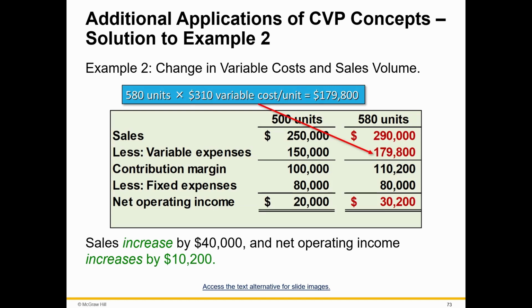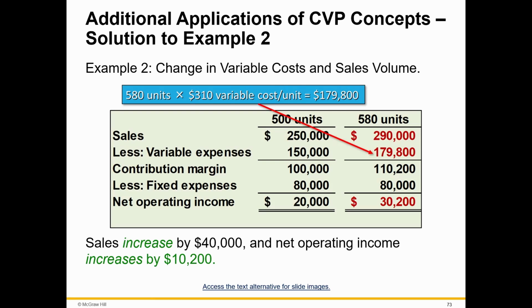Based on the contribution format income statement, we can see that going from 500 units to 580 units increases our sales to 290,000.